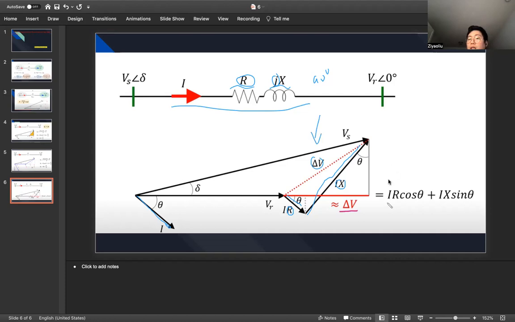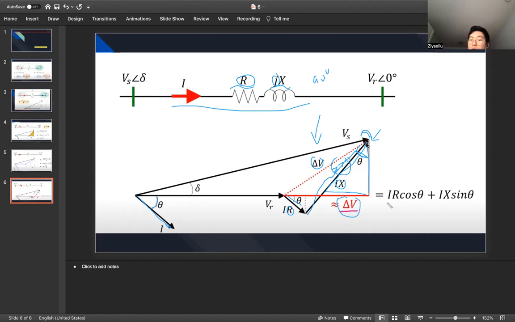But why do we say this line is the same? Because look at that here. Here's theta, and here's theta, right? First of all, this triangle has theta, and this is just theta. So we see this part, cosine theta. What is the cosine theta here? The actual voltage drop, you know what I mean? IjX, this part, right?